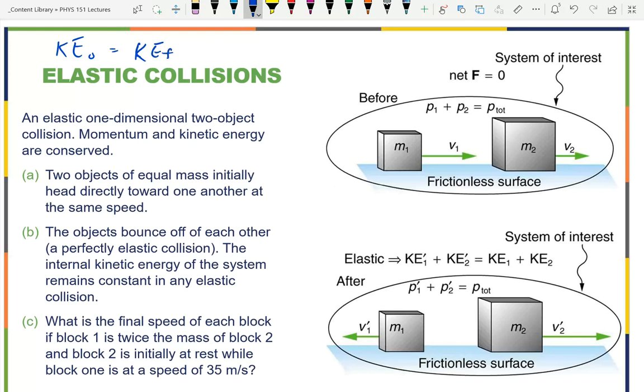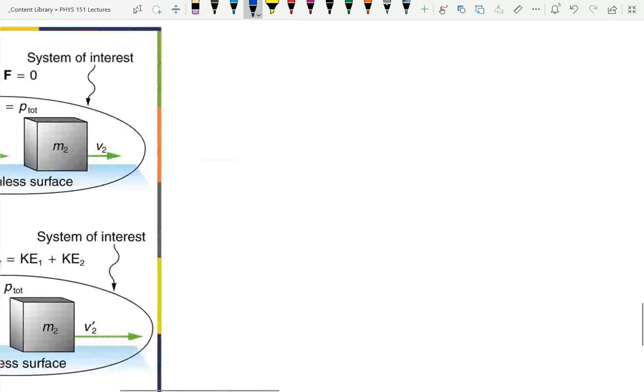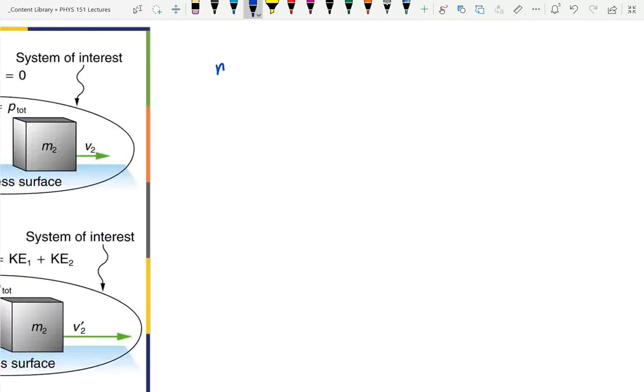Now, this turns out to be much more complicated, because you always have momentum is conserved. So you have mass 1, velocity 1 initial, plus mass 2, velocity 2 initial is equal to mass 1, velocity 1 final, plus mass 2, velocity 2 final. You always have that because that's conservation of momentum. Go ahead, Oksana. Are those just the derivatives? Those are not derivatives.